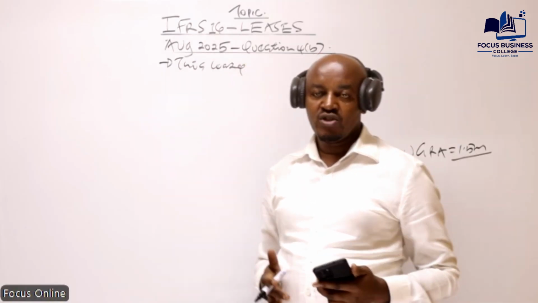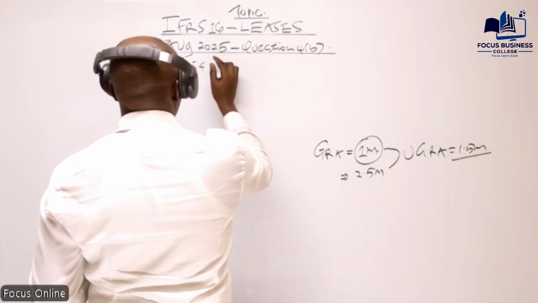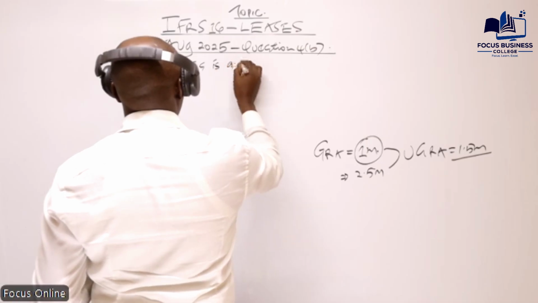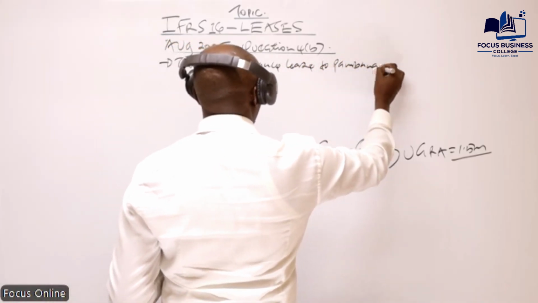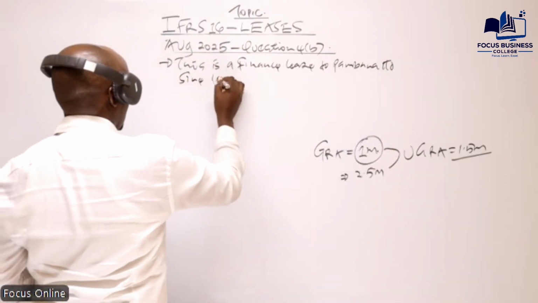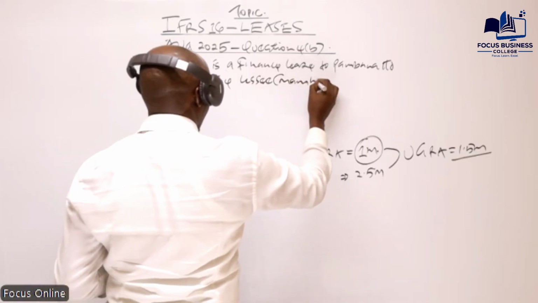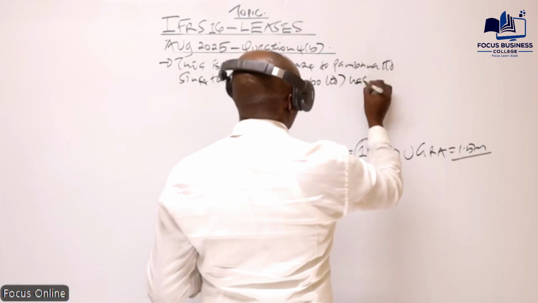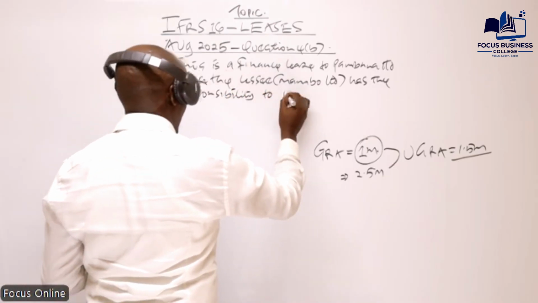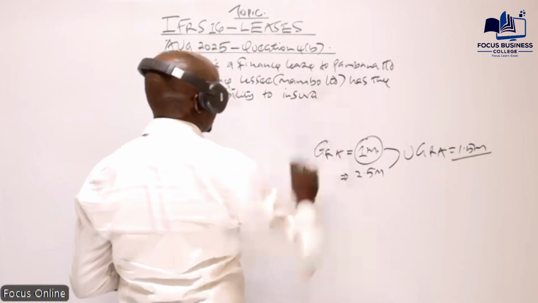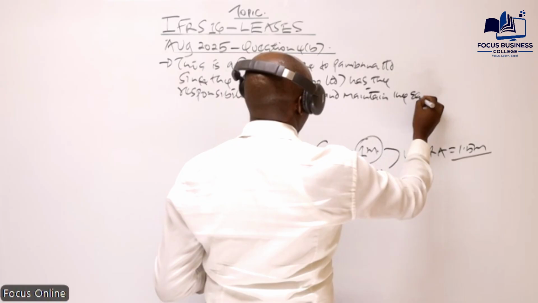So from Fv Limited's point of view, the owner's point of view, this is a finance lease, a finance lease to Fv Limited, since the lessee, remember the lessee is Mambo Limited, has the responsibility to ensure and maintain the equipment.